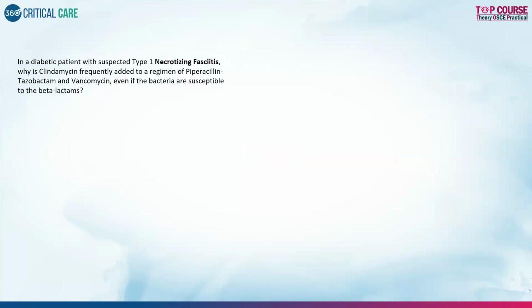Earlier, one of you mentioned that we use clindamycin for necrotizing fasciitis. Usually what we do is add piperacillin-tazobactam plus clindamycin. Why do we do this, even though piperacillin-tazobactam gives good anaerobic cover and good sensitivity to both gram positives and gram negatives? Why do we need to add clindamycin?